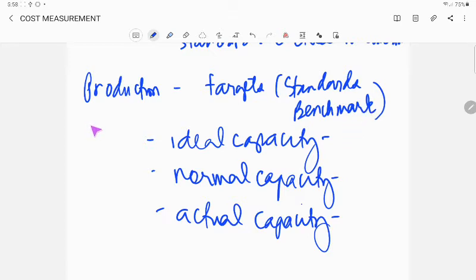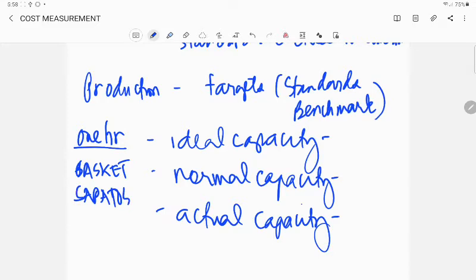Para lang yung halimbawa, yung isang makinarya o isang tao, ang best na niya na pwedeng gawin. Halimbawa, ang pagbabasihan natin ay sa 1 hour. Ilan ang pwede mong kayang gawin na halimbawa ay basket, okay? O sapatos, no? Dahil ang produkto mo ay pwedeng basket, pwedeng sapatos. O kaya naman halimbawa pagka nagmi-meal ka ng rice, ilang bags 'yan, no?